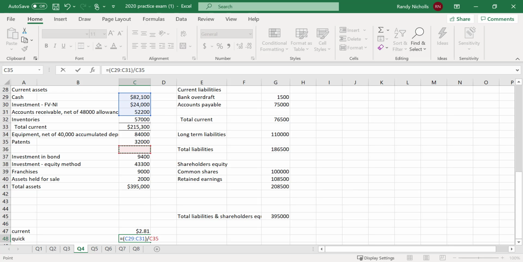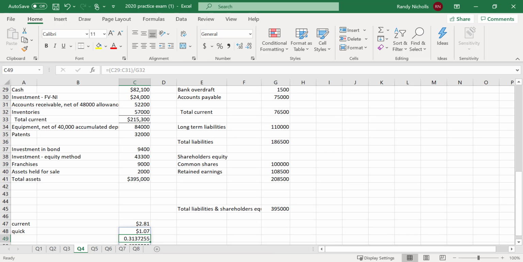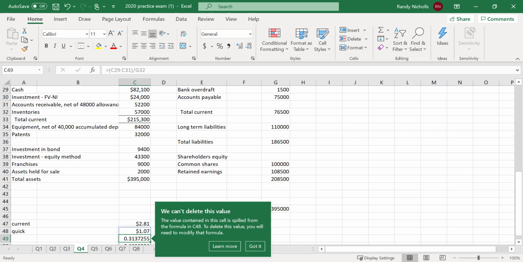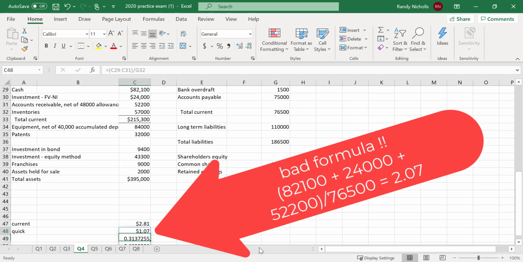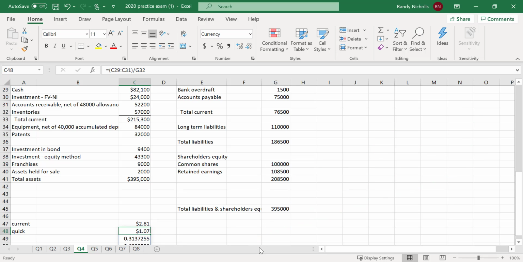I think they say, I can't remember what they say in the formula. I'm not sure what that is there. Okay, so 215, I think I got the right formula. C29 to C31 divided by G32. Okay, so again, the quick ratio, don't include inventories, don't include prepaids, don't include anything that's not going to turn into cash right away.